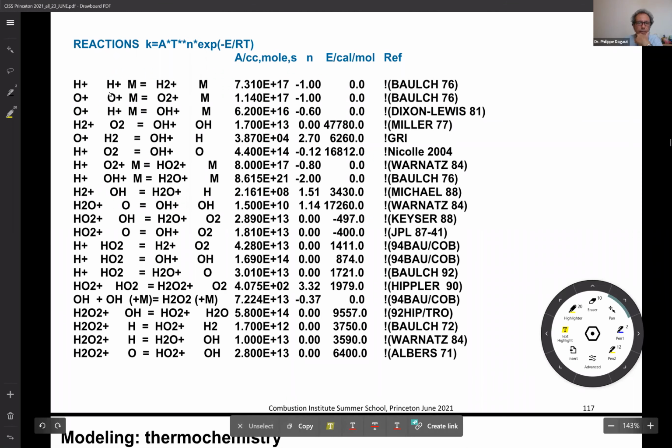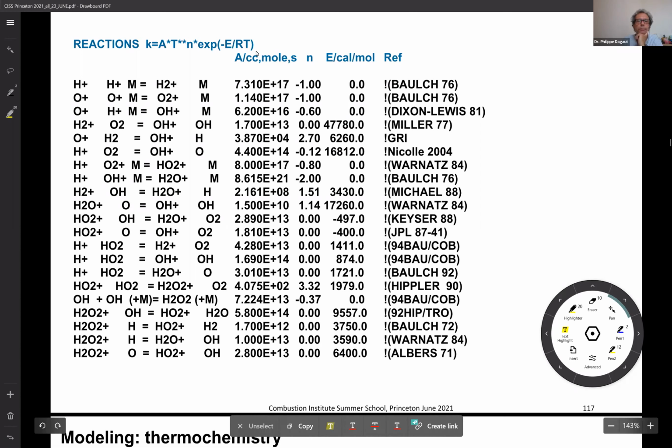We provide the reaction with reactants, M being a collider, divided by either the equal sign or an arrow or double arrow, and the products on the right hand side.